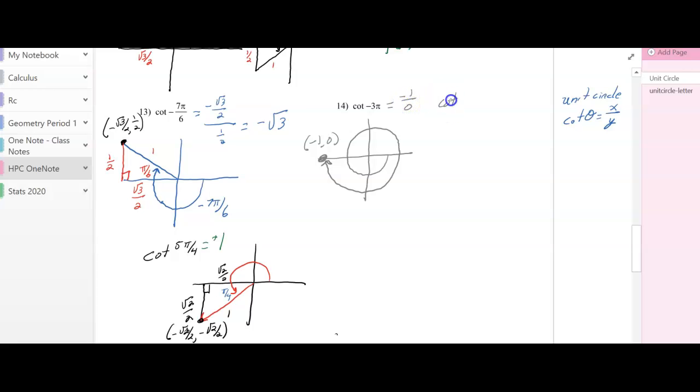Again, we're going to say the cotangent of negative 3 pi is undefined. If it's the cotangent of pi over 2, well, pi over 2 is the red dot, which is 0, 1. So the cotangent of pi over 2 is 0 over 1, which is 0.